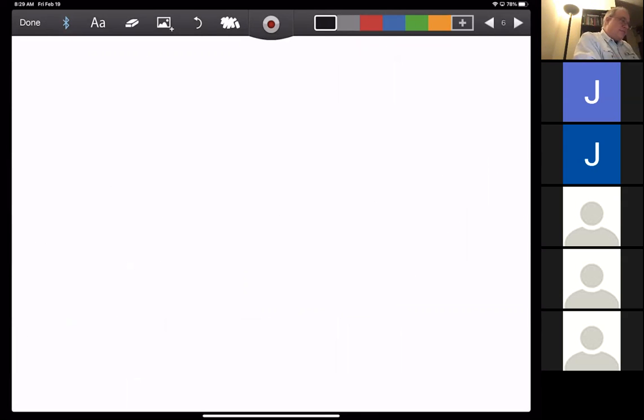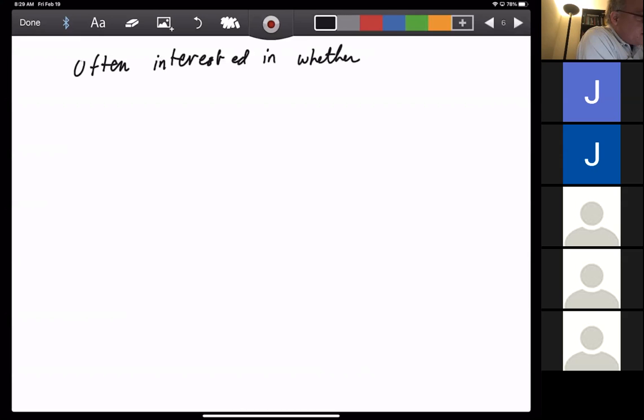There are some special situations, of course. We're often interested in whether two vectors are perpendicular to each other.